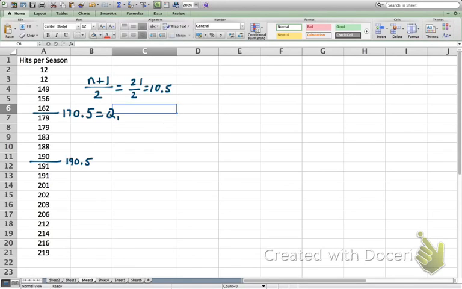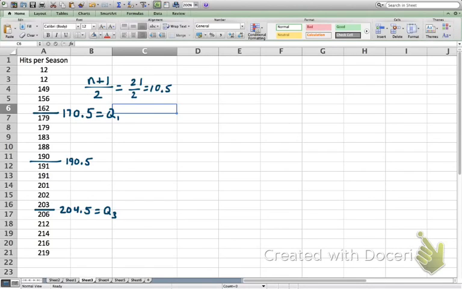Let's do the same thing on the upper half of the data. Again, it's going to be between the 5th and the 6th value. So 1, 2, 3, 4, 5, between 203 and 206. So our Q3 is going to be halfway between those two. And if I can do the math correctly in my head, that's going to be 204.5. 204.5 is our Q3.